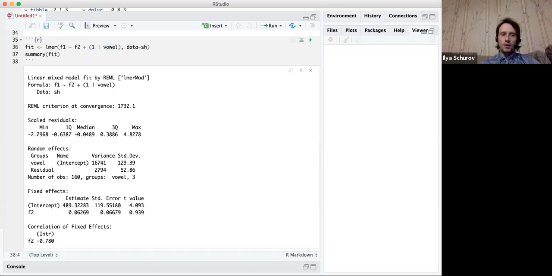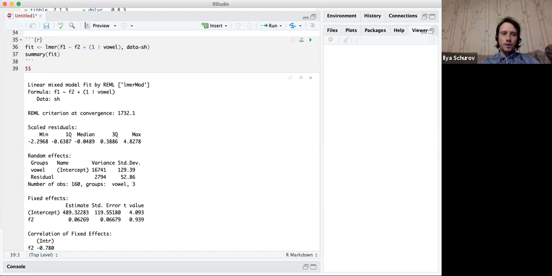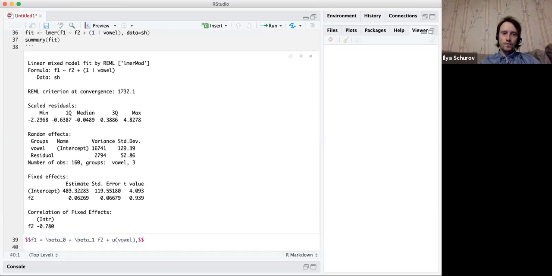So basically, if I write the same thing mathematically, it will be something like F1 equals beta naught plus beta 1 F2 plus random effect of vowel. So for each value of vowel, we have its own value of this variable u.